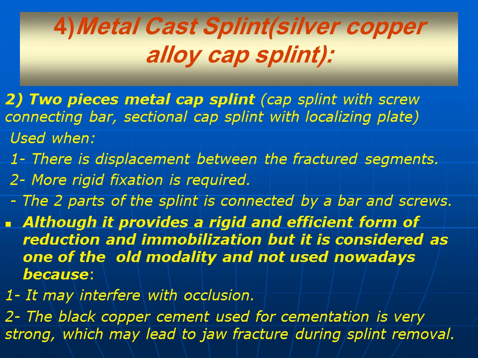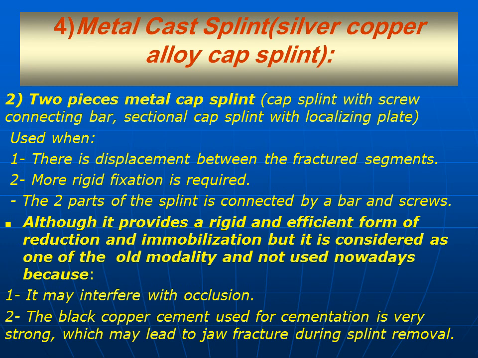Therefore, I can give anesthesia and then approximate the two parts together after cementation of each part of the splint. So I cement each part to each fractured segment without connecting the bar.